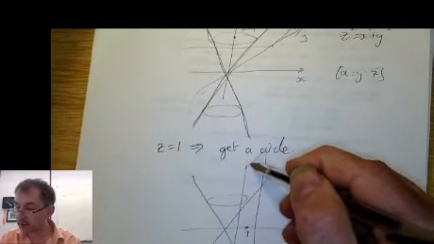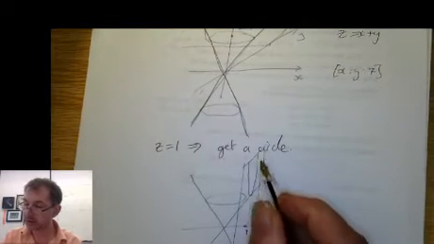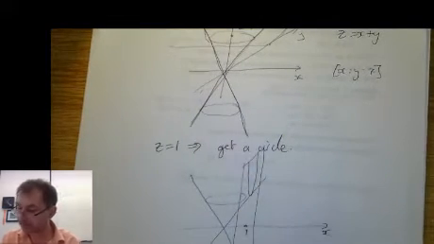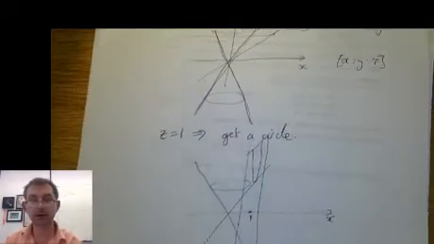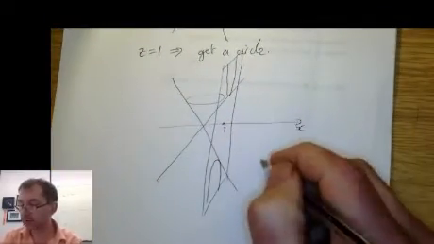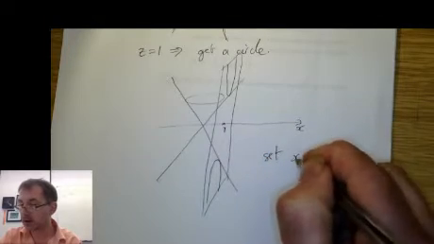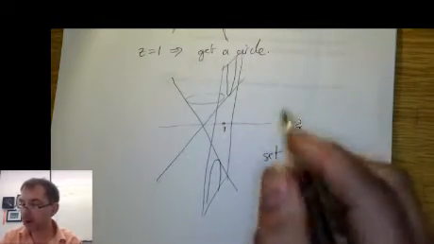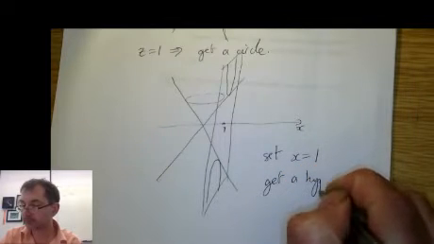Then I'm going to be intersecting the cone in a shape that looks like this, and indeed this is a hyperbola. If I set x equals 1, I get a hyperbola.